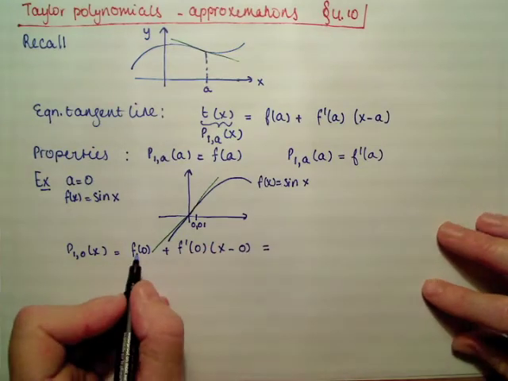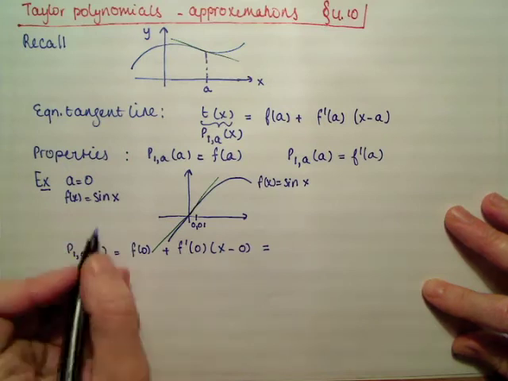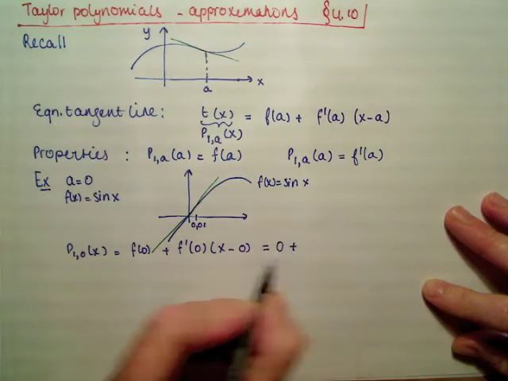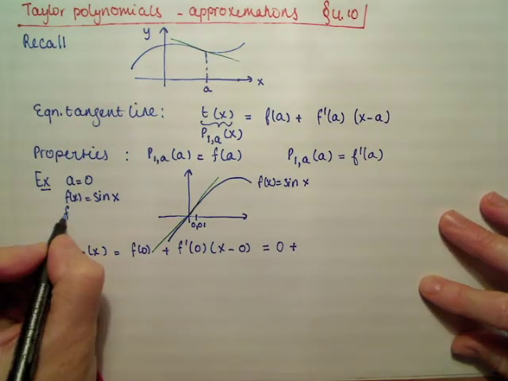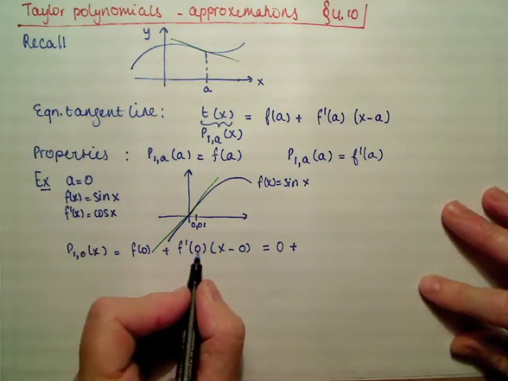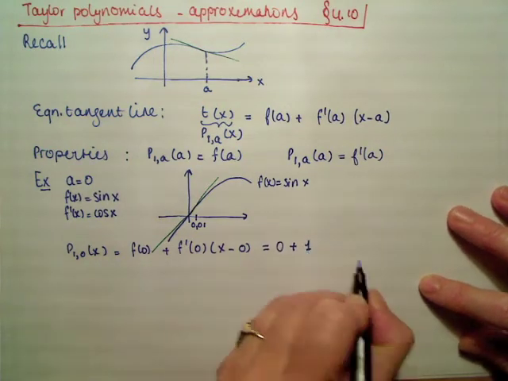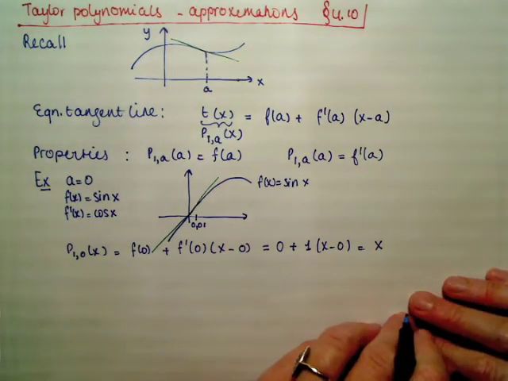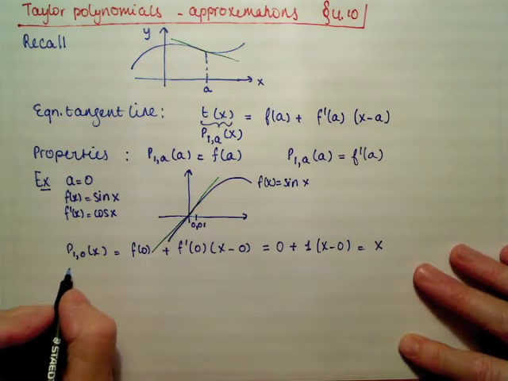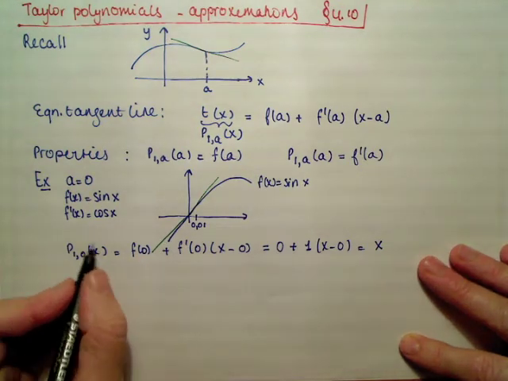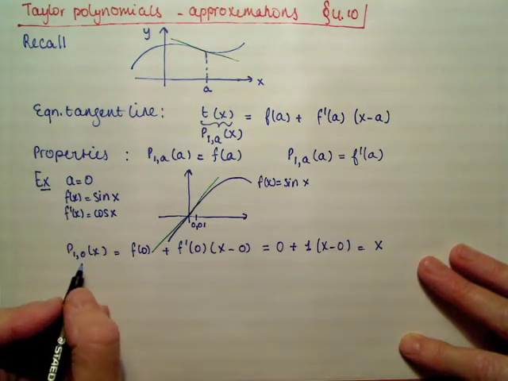Now, if we plug in the value 0 at the function f of x equal to sine of x, we get sine of 0 is equal to 0. The first derivative of sine of x is cosine of x. So the first derivative at the point 0 is equal to cosine of 0, which is 1, multiplied by x minus 0, is equal to x. Now let us see what happens if we compare the sine function at the point 1/100th and the equation of the tangent line at the point 1/100th.